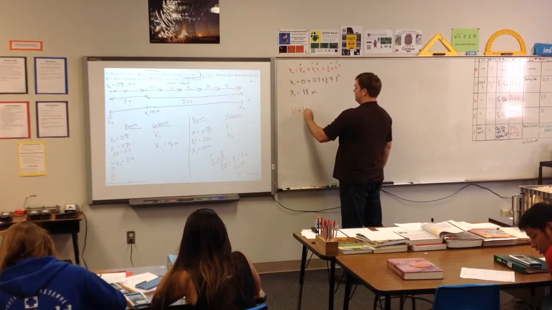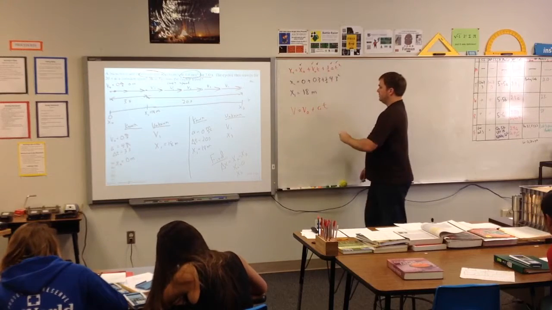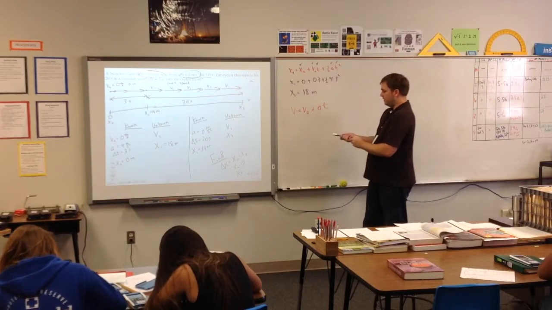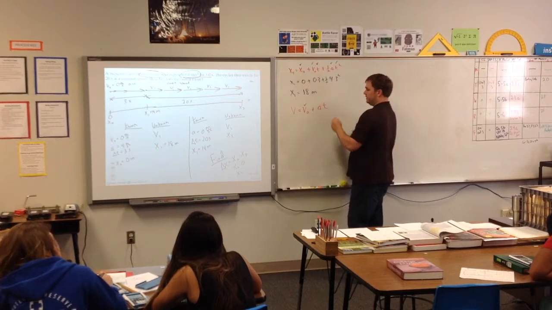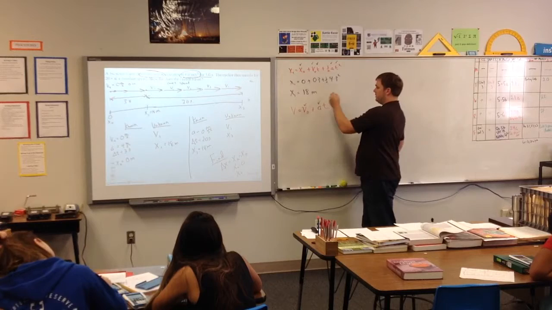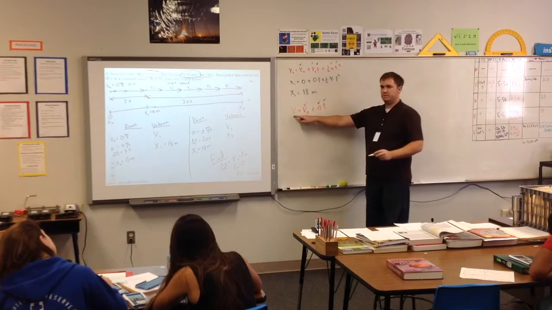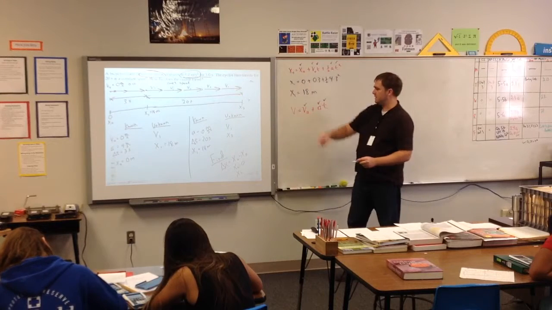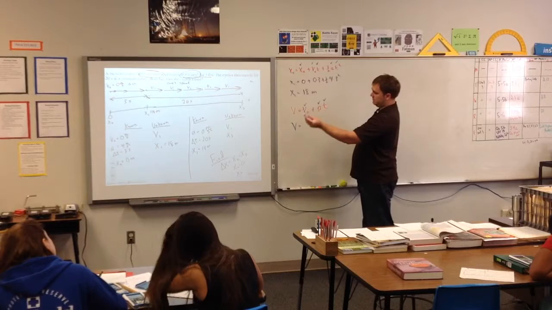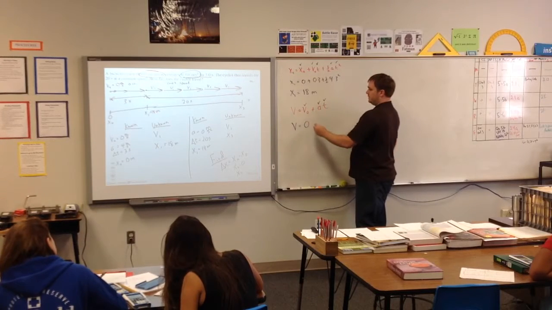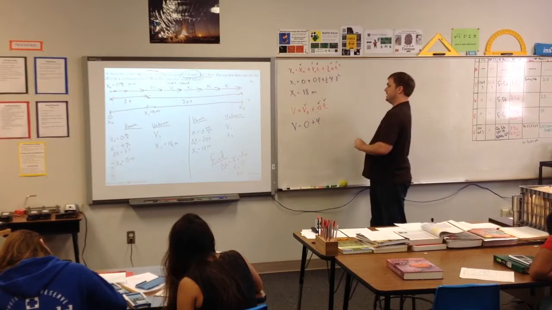V equals v naught plus at. Do we know the initial velocity? Yep. Do we know the acceleration? Do we know the time that it accelerates? Yeah. We can find the final velocity during that first 3-second time period. So final velocity is, what's the initial velocity? 0. Acceleration? 4. Time?